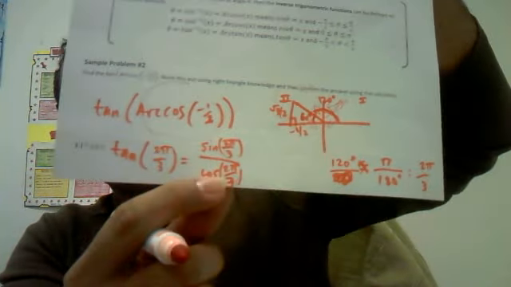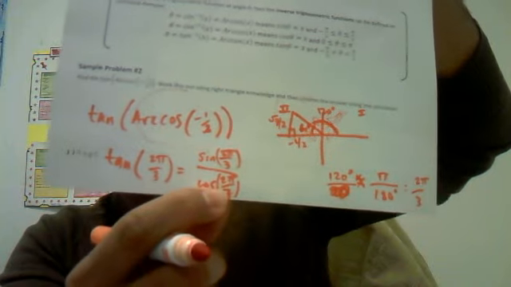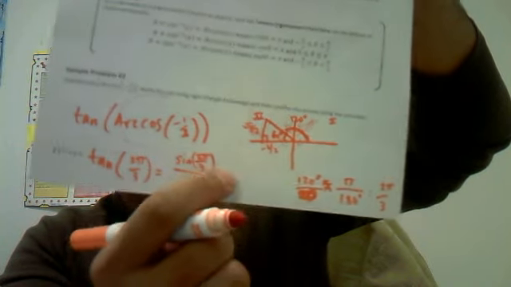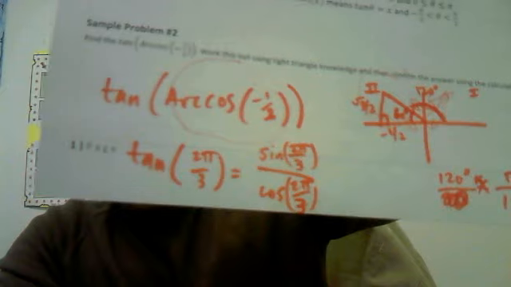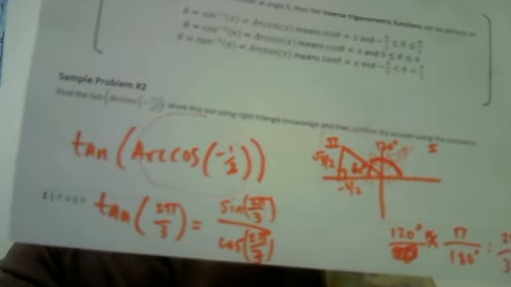Do I know how to find the sine of 2 pi over 3? Yes. Do I know how to find the cosine of 2 pi over 3? Yes. I plug in my answers and I simplify my math. Keep it, change it, flip it. That is all we're doing whenever we get to problems that are compositions of functions. So that was a good sample problem.